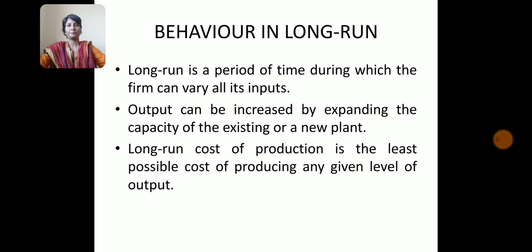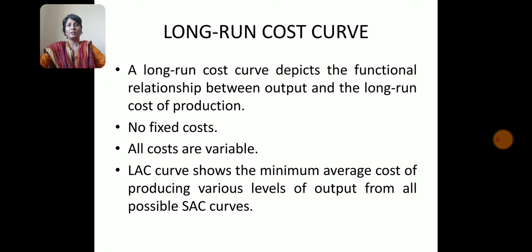In the long run, the cost curve is the long run total cost divided by the level of output. Because in the long run, we have only long run average cost and long run marginal cost. There will be no long run fixed cost as all the factors become variable and hence fixed cost will be 0.